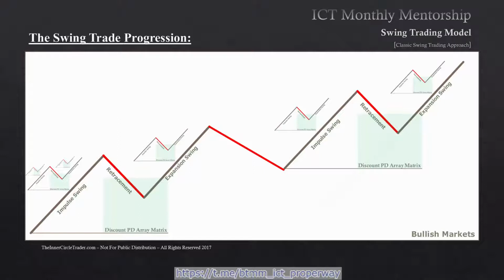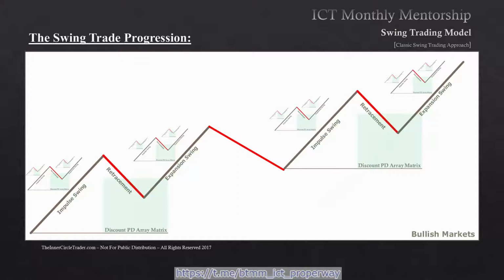And then the smaller range inside of that weekly could be seen with the daily impulse swing, retracement, and expansion. And then each individual price swing higher up would have 4-hour impulse swings, retracements, and expansions. And this is seen for every price swing along the spectrum from monthly, weekly, daily, and 4-hour.